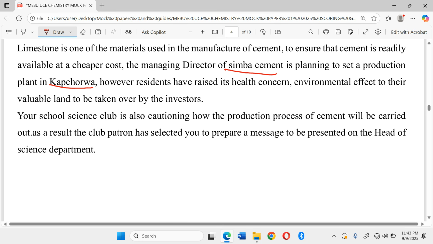So this is an item that is set under section B part 1. And we say that section B part 1 is where we are looking at industrial processes. So we are looking at the different errors that learners make, especially when they are dealing with this item of industrial processes.